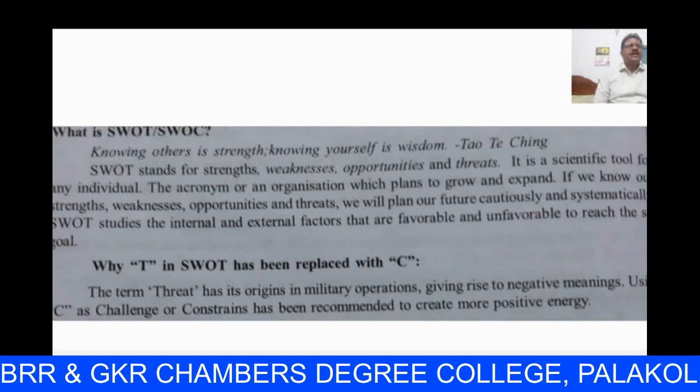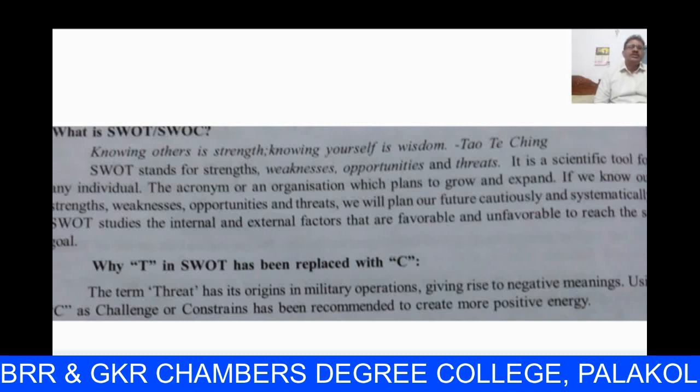It is a scientific tool for any individual or an organization which plans to grow and expand.